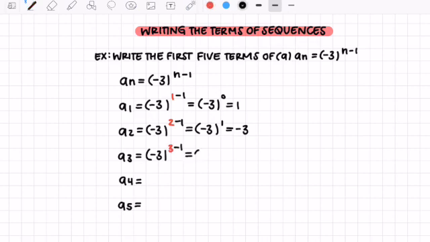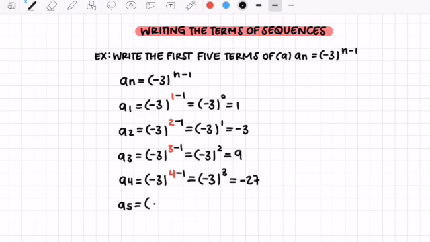That equals negative 3 to the power 2, which is 9. And then we'll do it again. Negative 3 to the power of 4 minus 1. That would equal negative 3 to the power of 3, which is negative 27.